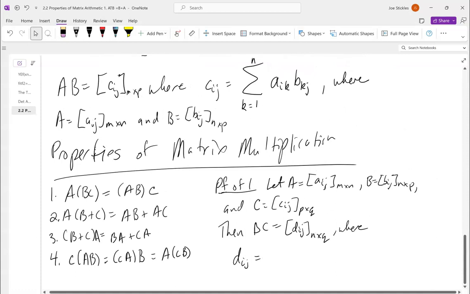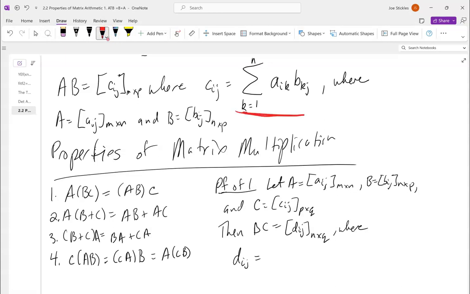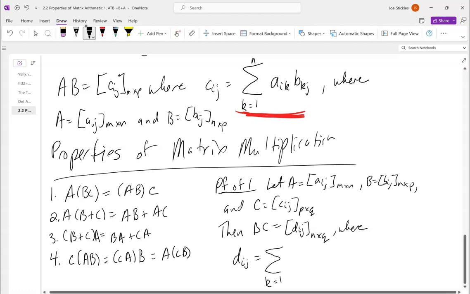What is my entry going to look like? What's the upper limit of your sum going to be?